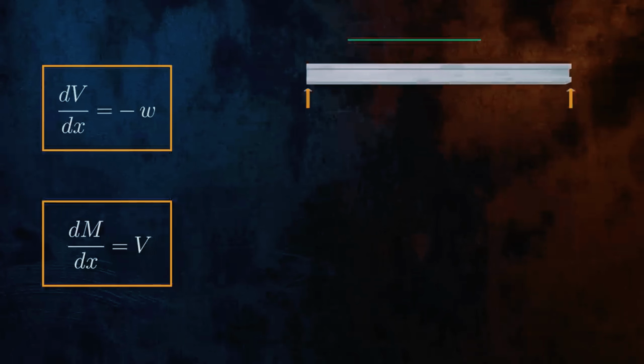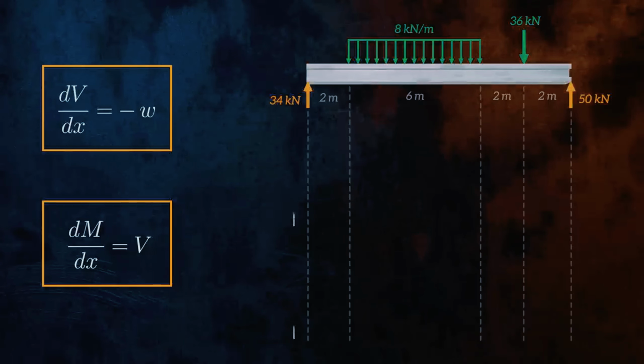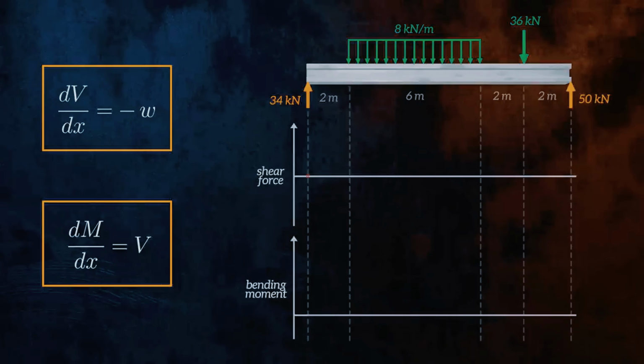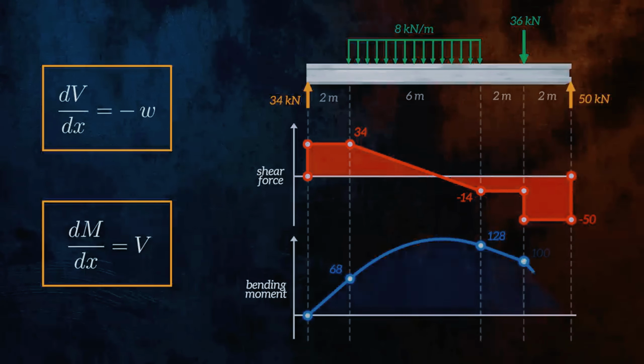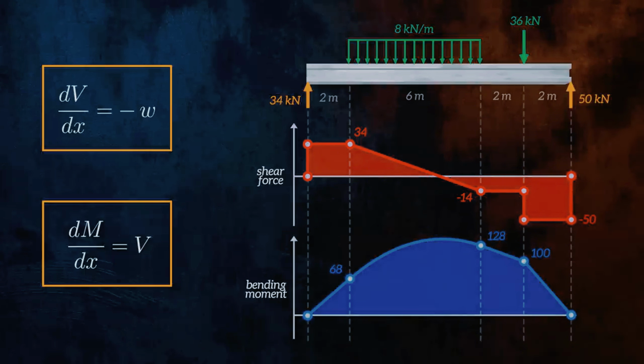This beam has an applied distributed force and a concentrated force. Let's quickly draw the shear force and bending moment diagrams. By using the free body diagram method, we can show that the bending moment curve for the section of the beam under the distributed force is defined by the quadratic equation -4x squared plus 34x plus 68.